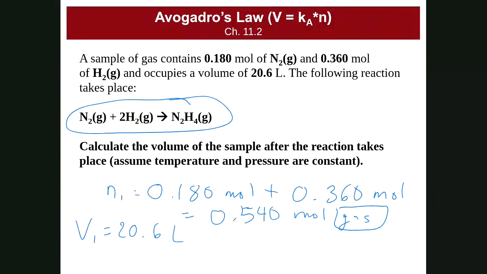So we have 0.180 moles of nitrogen gas. And for every mole of nitrogen gas, there is 1 mole of product because they don't have coefficients, so they are 1-to-1.